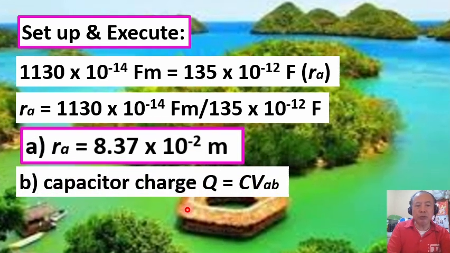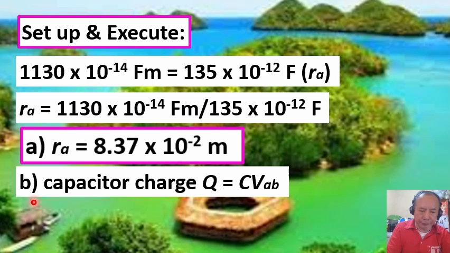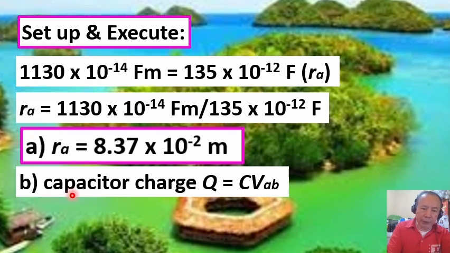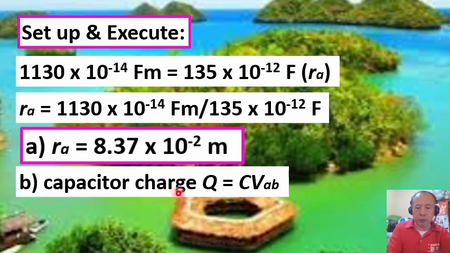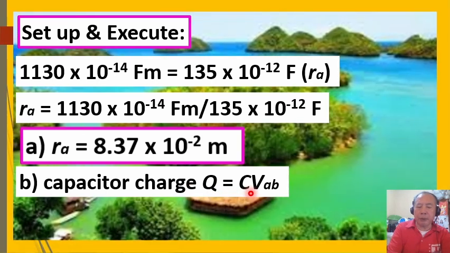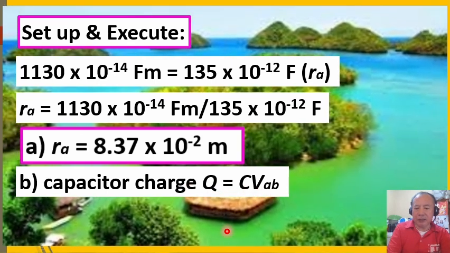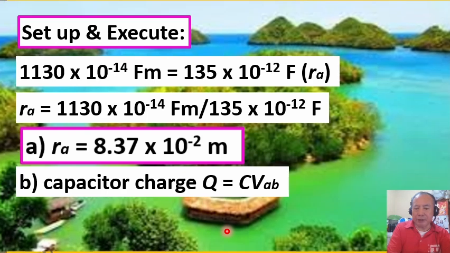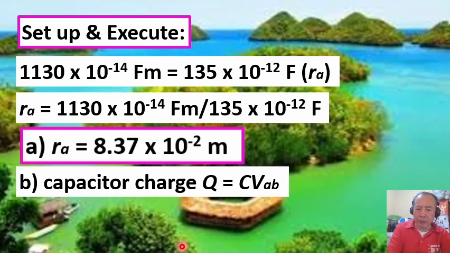And then we proceed to finding the capacitor charge big Q, right? Which is simply the product of the capacitance and the potential difference, V sub AB.